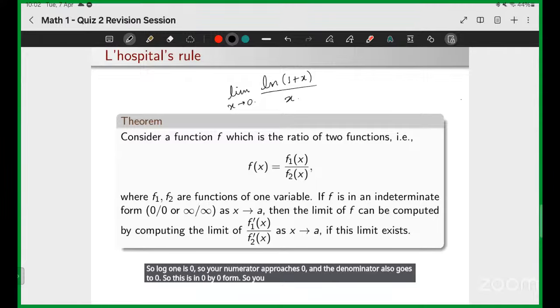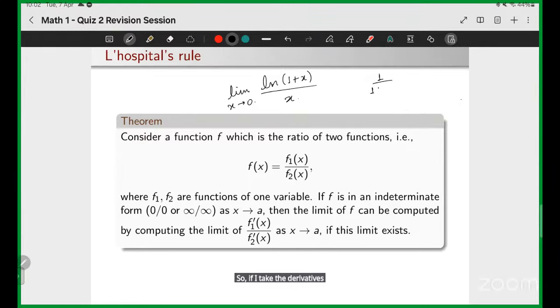So you can apply L'Hopital's rule. So if I take the derivatives, what I get is f1 prime by f2 prime is this. And as we approach 0, what does this approach? 1. So this limit is 1. So that's an easy exercise.